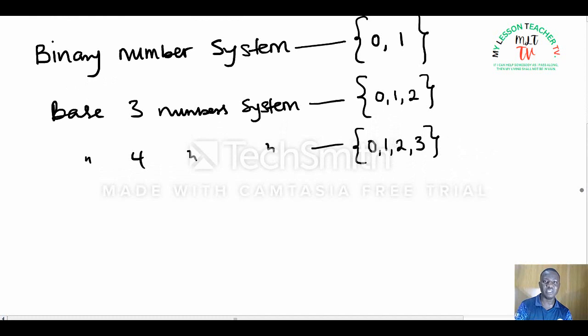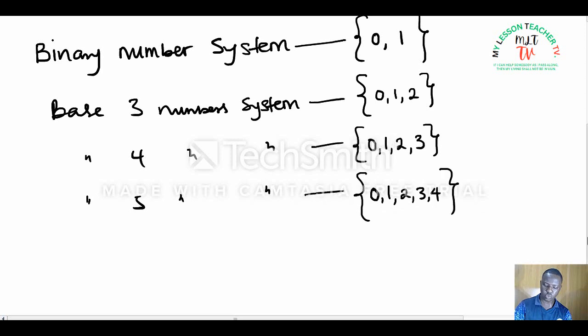We also have the base 5 number system, and it's made up of digits 0, 1, 2, 3, and 4. Also, in the base 6 number system, we have digits 0, 1, 2, 3, 4, and 5.